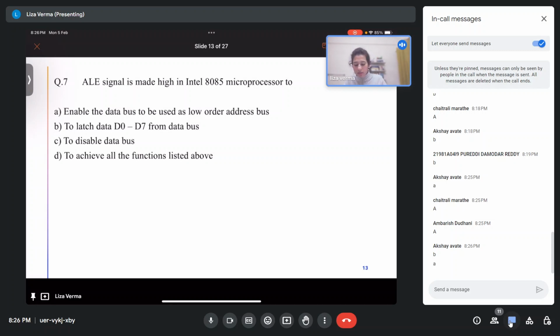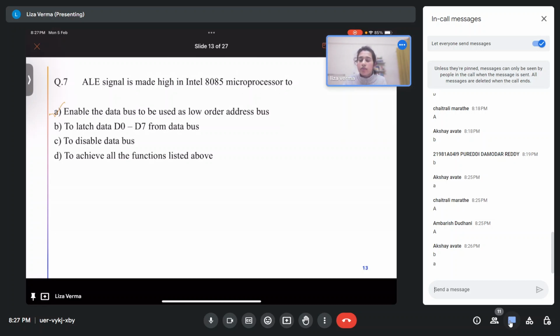As we discussed, the ALE signal is made high to enable the data bus to be used as the low order address bus after the address is latched onto the latch. So the answer will be A.